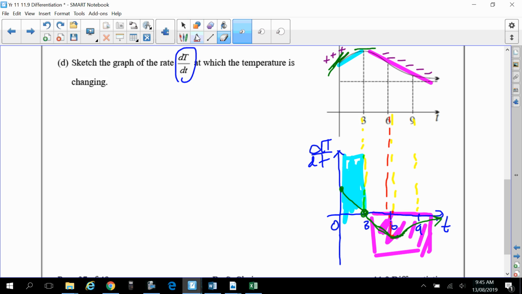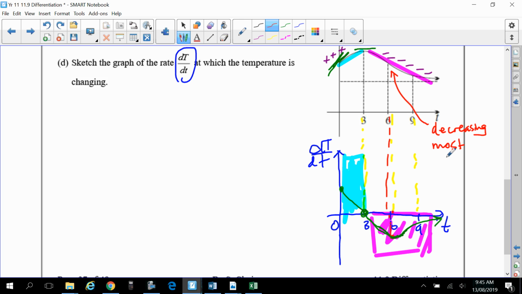That's when it's decreasing most rapidly, and the most rapidly corresponds to the lowest point. After that, it will start to slow down, but then dP/dt approaches 0 because the tangent is getting flatter.